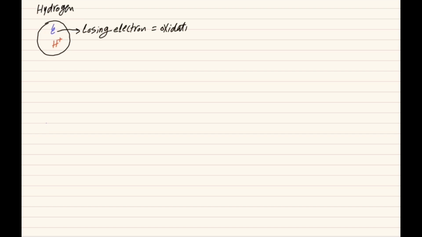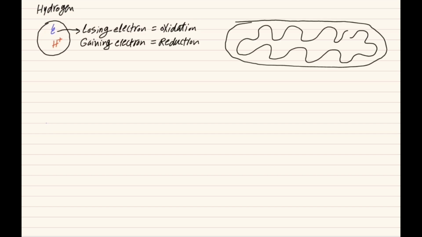Before we start, I just wanted to remind you of a few things. First, every hydrogen atom has a negative electron and a positive proton. Second, losing this electron equals oxidation, and gaining this electron equals reduction. Third, this is the structure of the mitochondria.